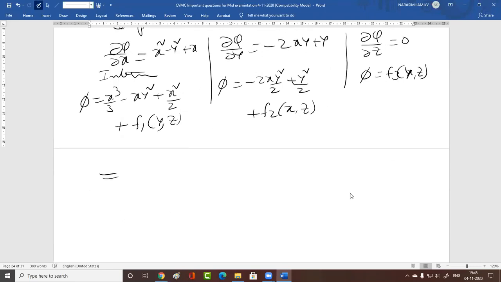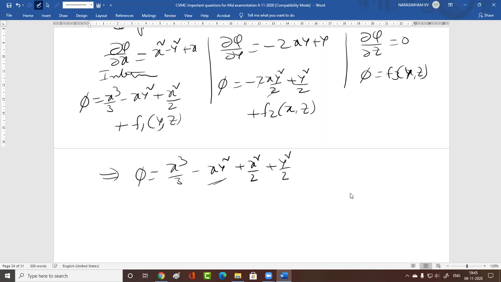Very simple technique. First write these three terms: x cubed by 3, minus xy square, plus x square by 2. Now coming to the rest, these two are cancelled. Minus xy square is already there, so no need to write it again. There is no y square by 2 here and no other terms.